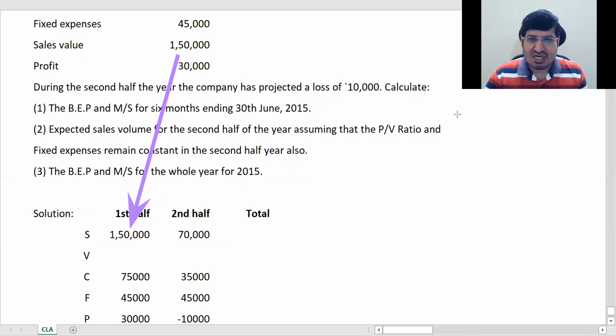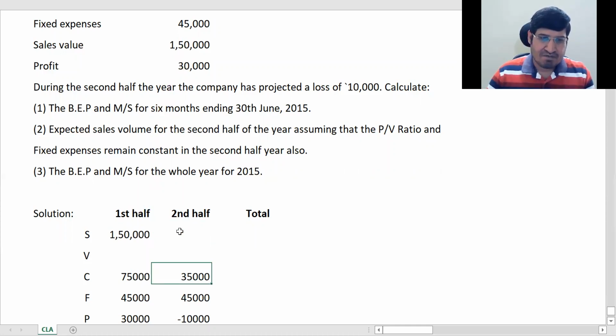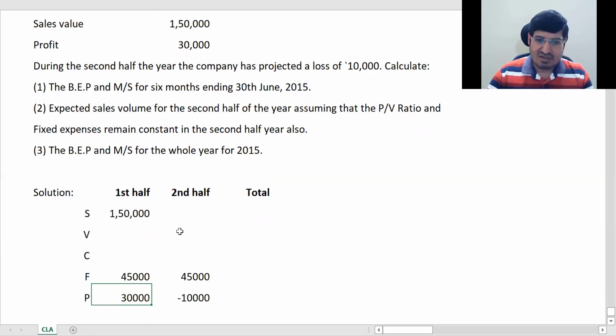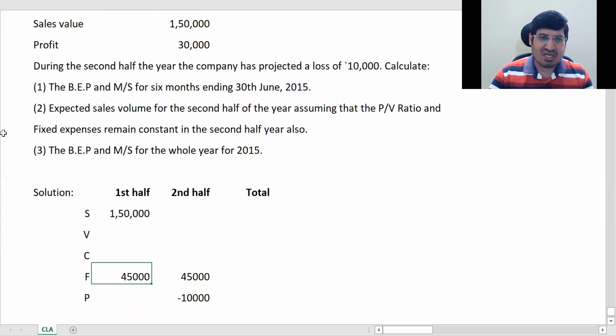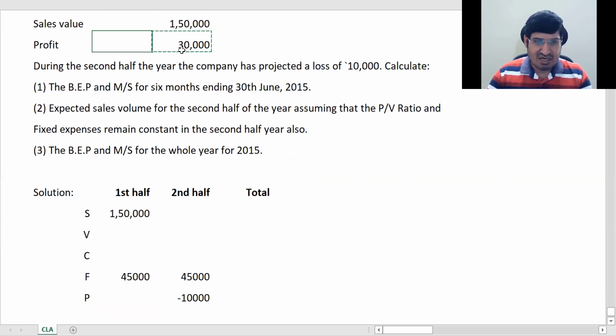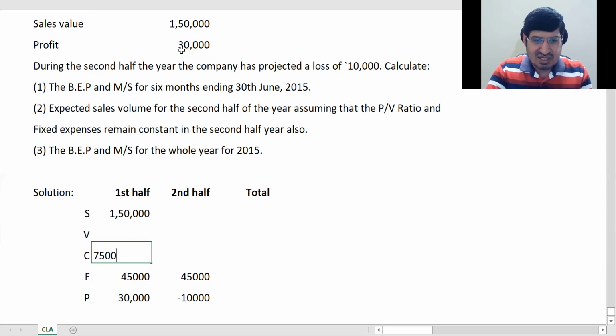And then sales here is 1,50,000, and in the second half we do not know, so let me remove this. So I've just put in the data: 1,50,000 is the sales, 45,000 is fixed cost, and this 30,000 profit we know. Now, if I add fixed cost and profit, I'll get contribution 75,000.